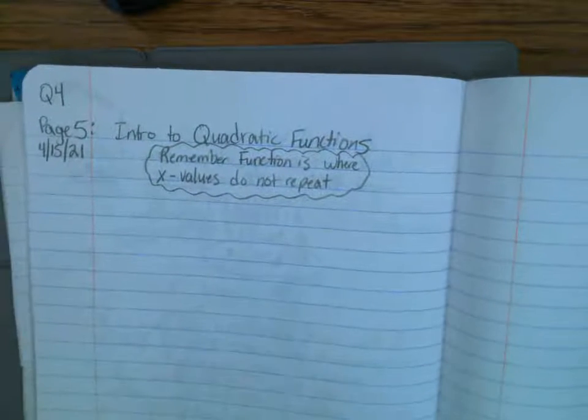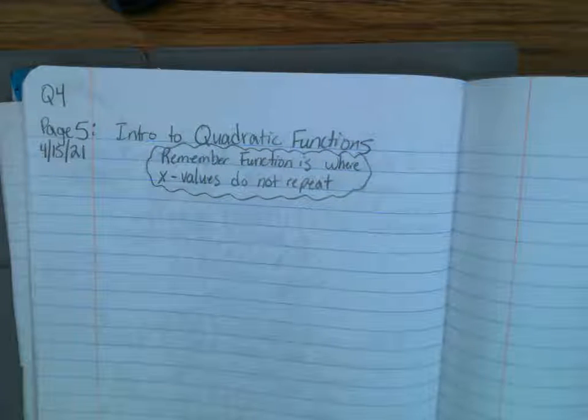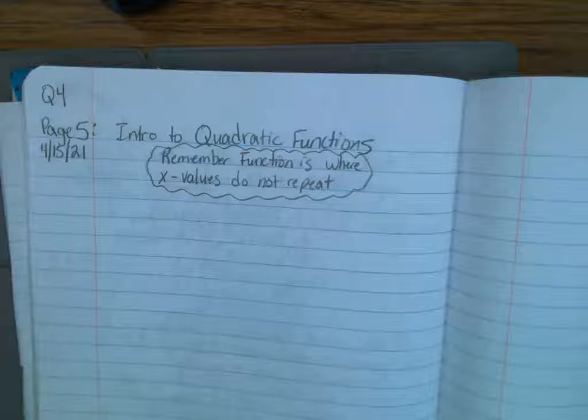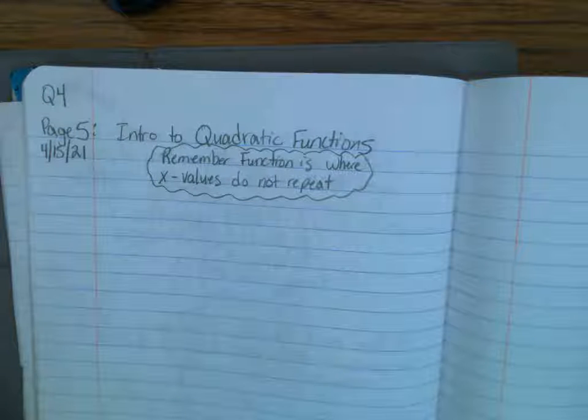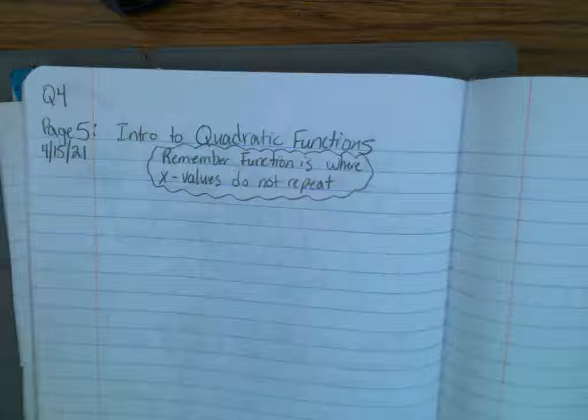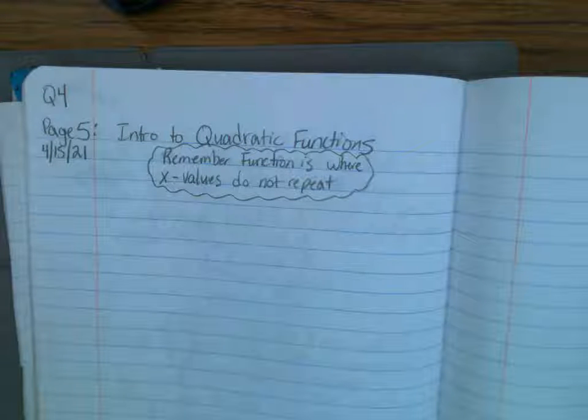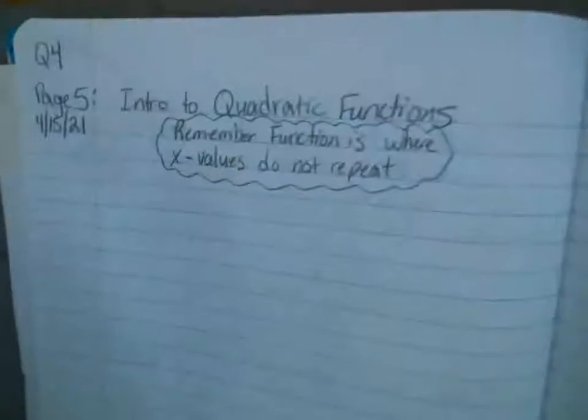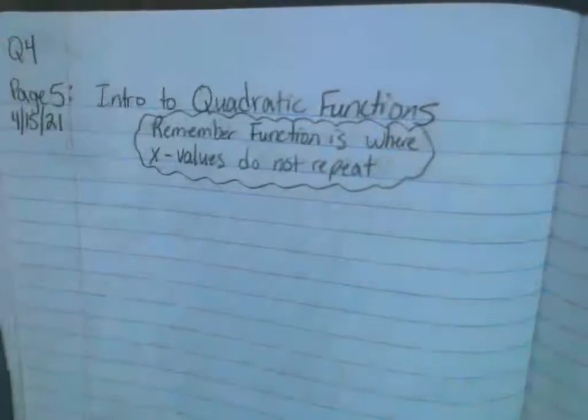Super important to remember. We learned that in our very first unit, and that goes throughout the units with linear functions, exponential functions, and quadratic functions. A function is where your x values do not repeat, and they pass the vertical line test.